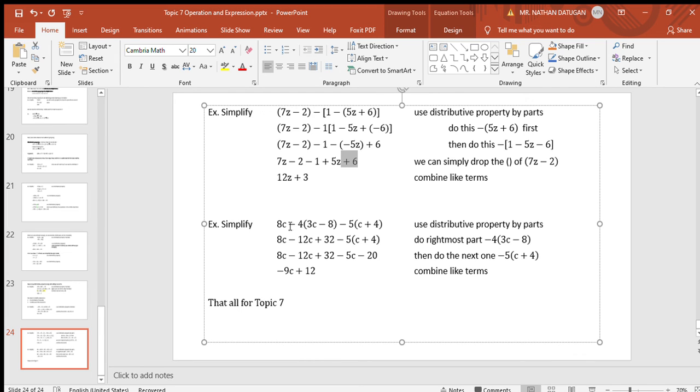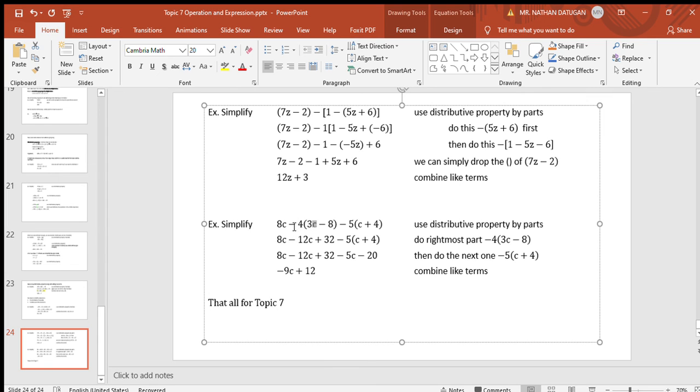When we're distributing, we want the parentheses, the terms inside the parentheses, and the number to the right of the parentheses, including the sign that is to the left of it. So this is our parentheses, and this is the number that multiplies the parentheses. Sorry, my English is so bad.